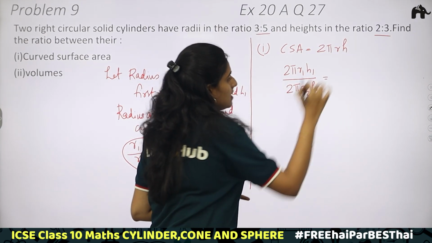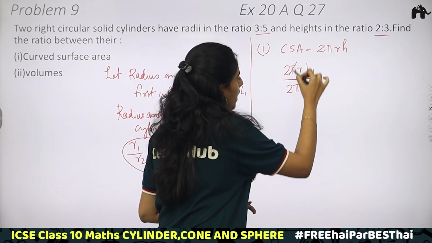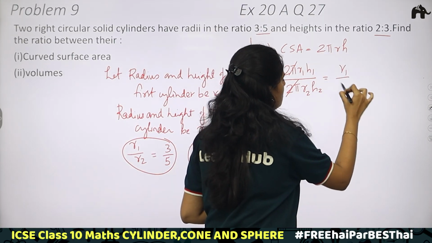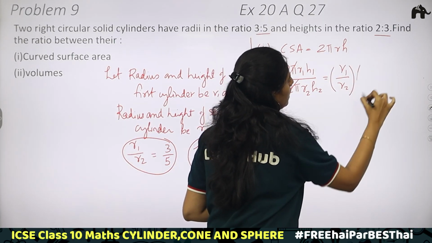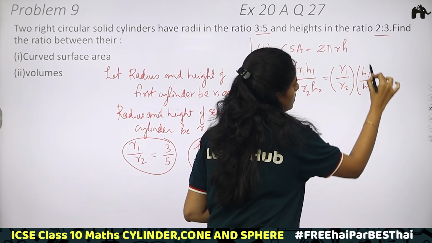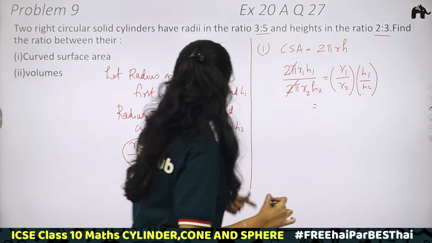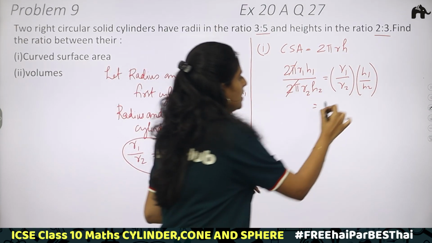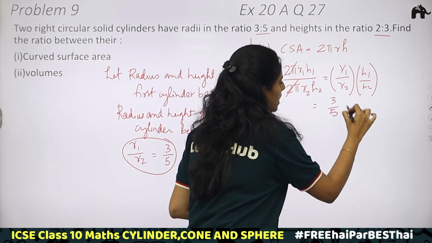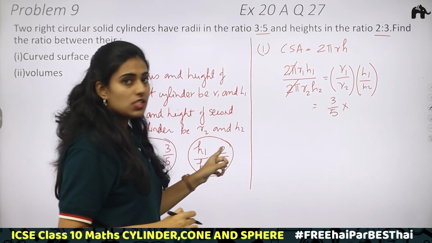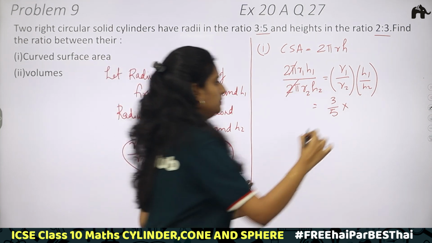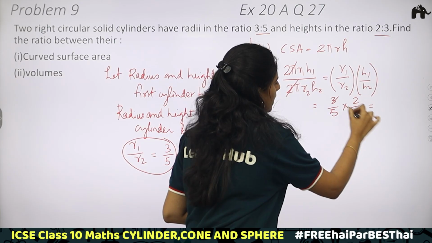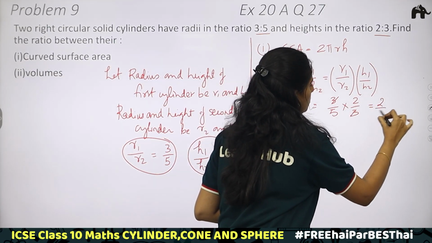That is equal to, 2 pi can be cancelled, then we have R1 by R2 into H1 by H2, which is 3 by 5 into 2 by 3. 3 and 3 get cancelled, 2 by 5.